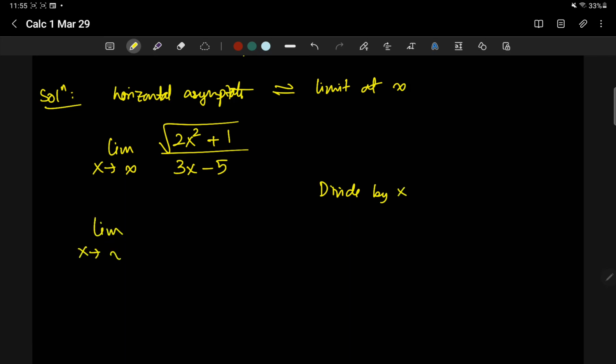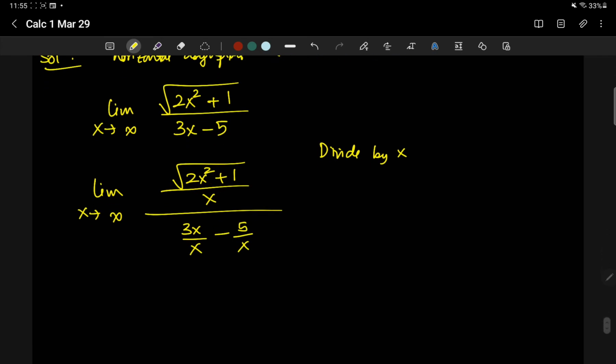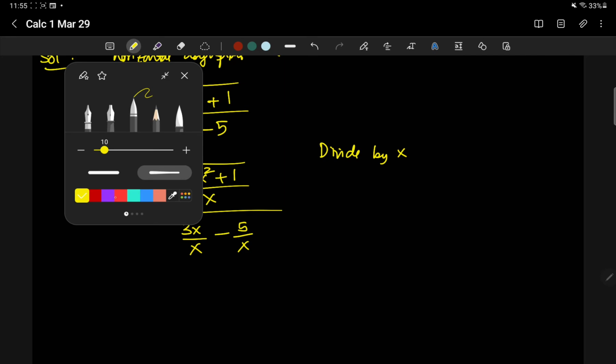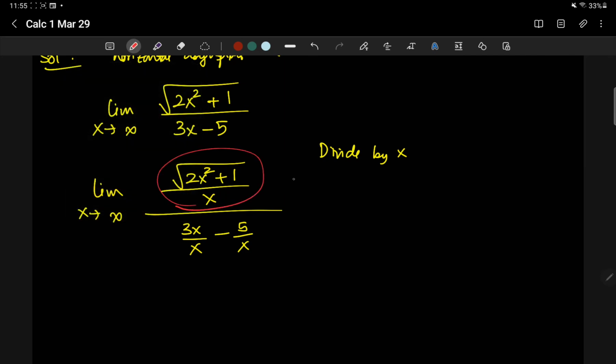Limit x goes to infinity, square root of 2x squared plus 1 over x, 3x over x minus 5 over x. Now here, we have to work with these square root things a little bit. The reason why we divided by x was because the square root of x squared would pretty much be x.